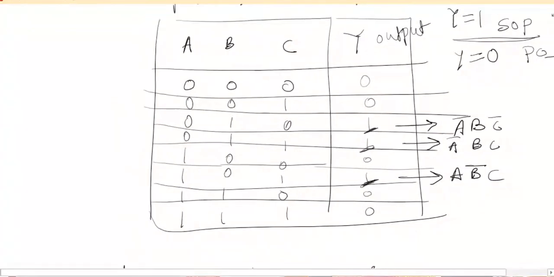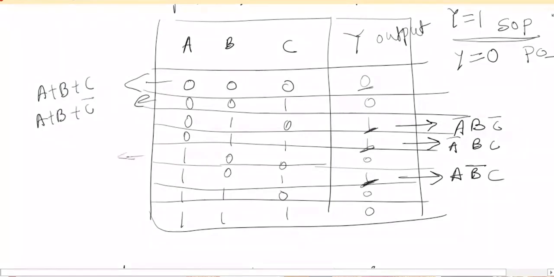Now here in this case y is 0, so what will be the expression now? A plus B plus C. Next one, A plus B plus C bar.